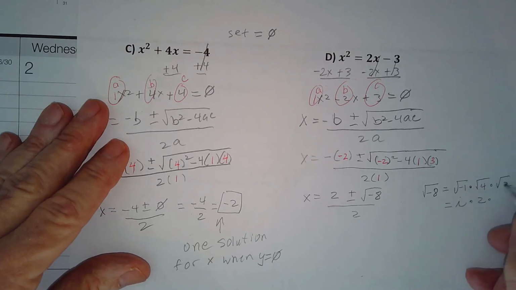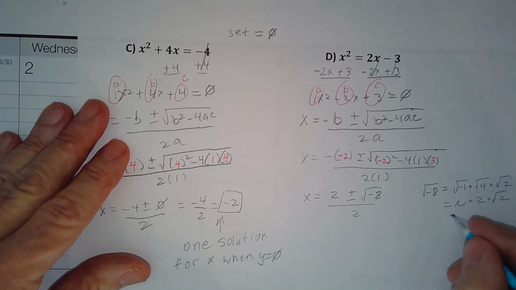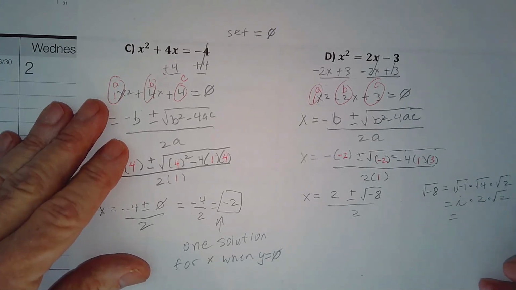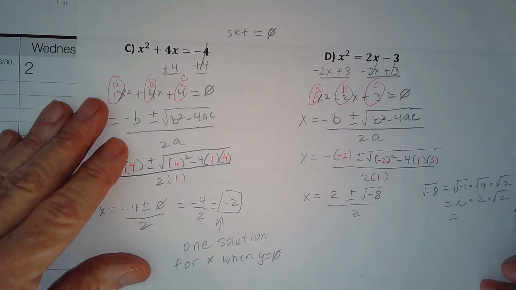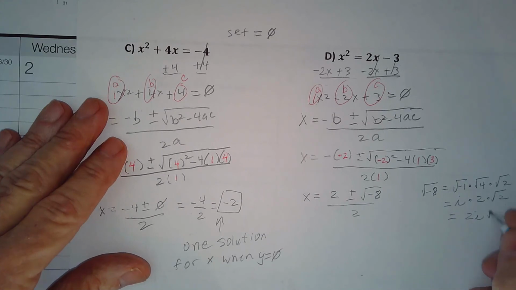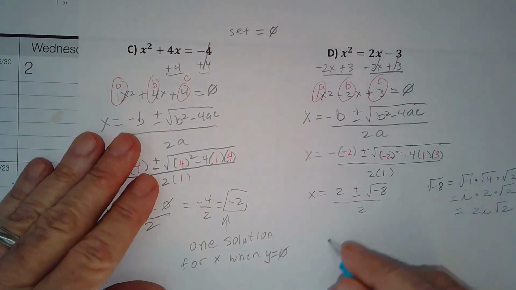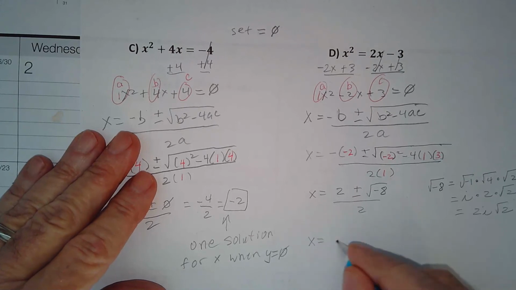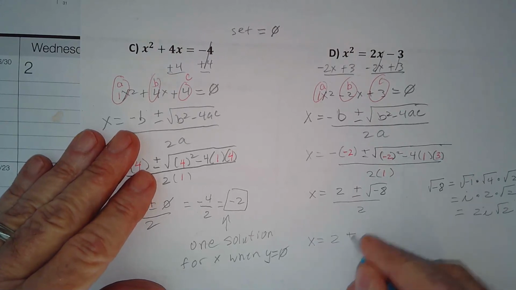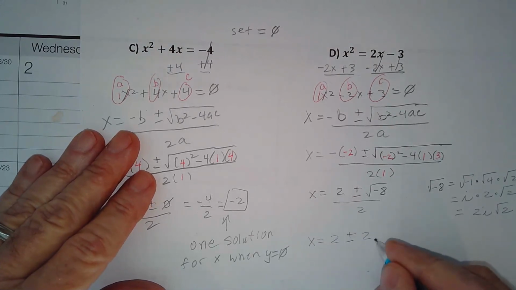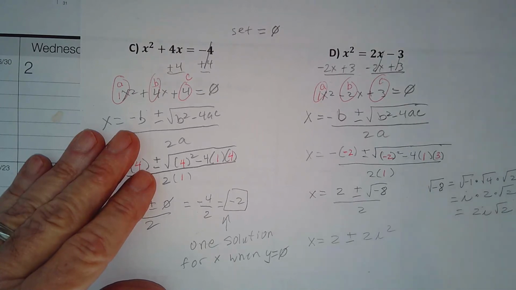And the square root of 2 is just the square root of 2. So that cleans up into 2i square root of 2. So you end up with x equals 2 plus or minus 2i square root of 2, all divided by 2.